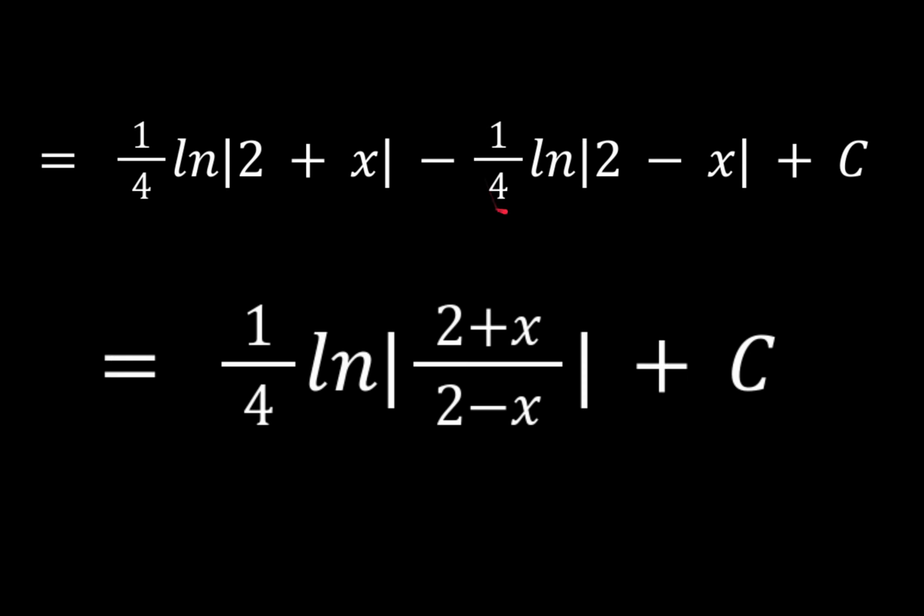This works because of the 1/4, they both share a common factor. So I can just move that over to the side, divide as normal, and this is your answer. 1/4 ln of the absolute value of 2 plus x divided by 2 minus x plus your c, because this is calculus. Your constant is always important for integrals, especially the indefinite ones.